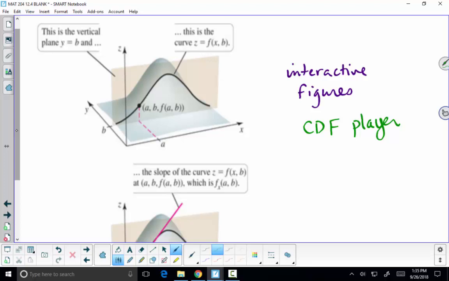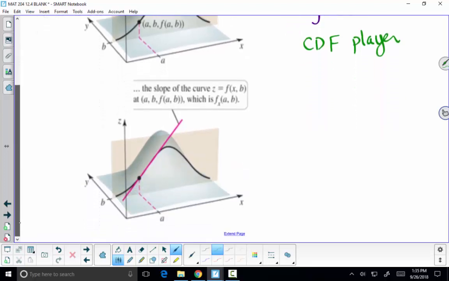Here we would find the slope of the tangent, and that will be the partial with respect to x, whatever that slope is. Now down here, they've drawn the tangent line. Whatever the slope of that line is, that's going to be f sub x at a comma b. F sub x is the rate of change in the x direction at the point a comma b.